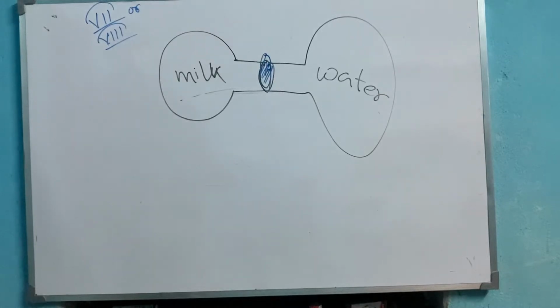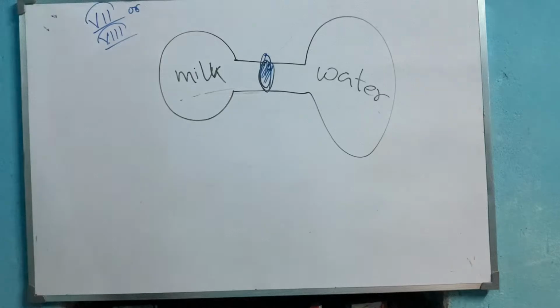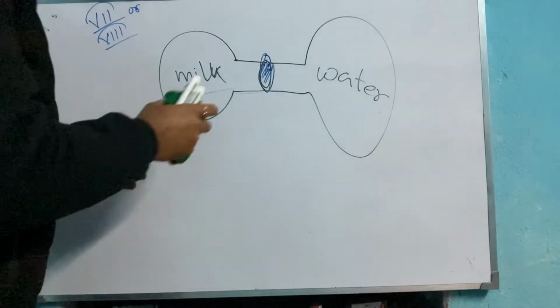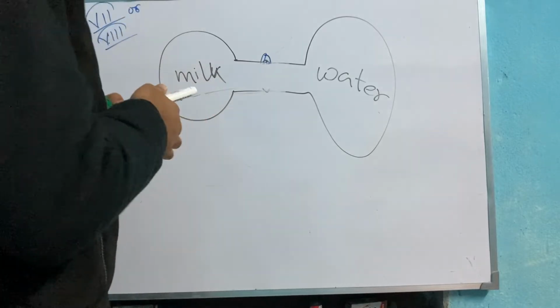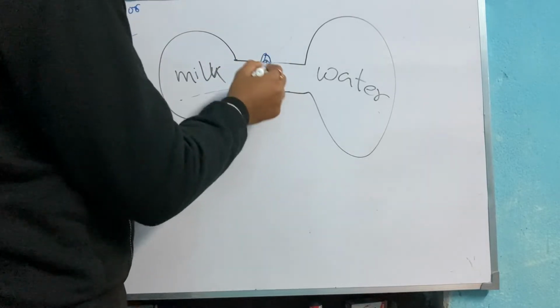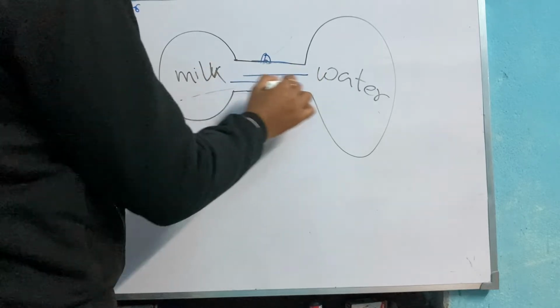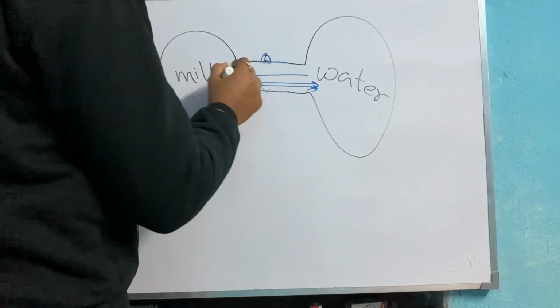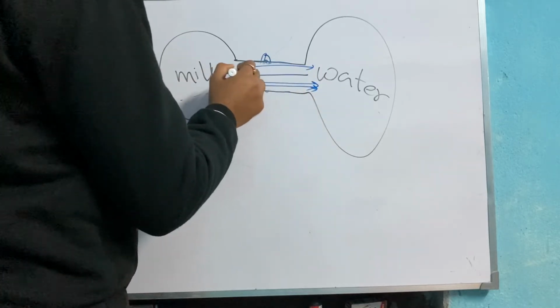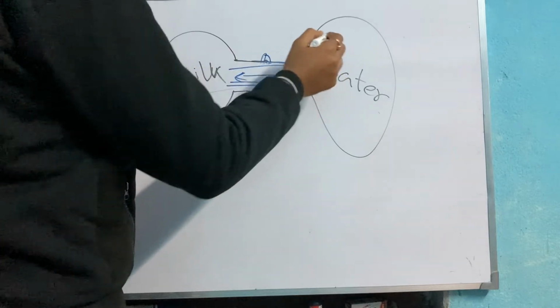If you can't differentiate them, then how can you tell where is the milk and where is the water? If you remove the cork like this, then there is no separating media. Milk will go there and water will come here. Now water and milk are mixed well.